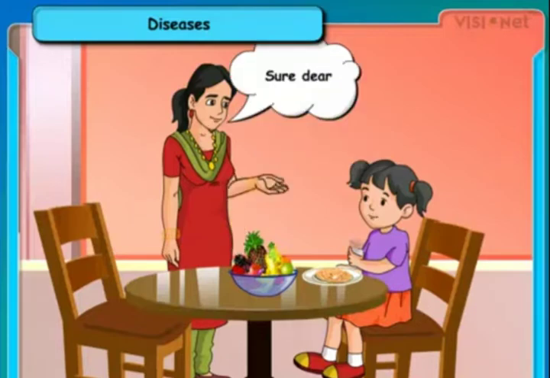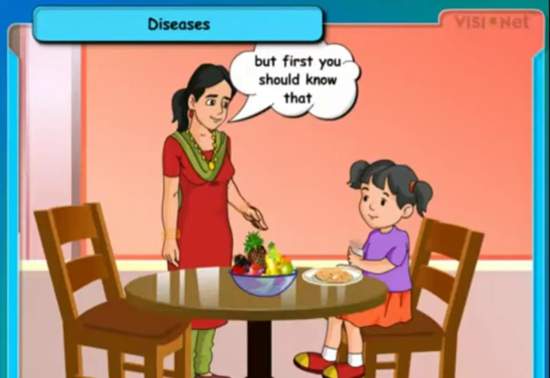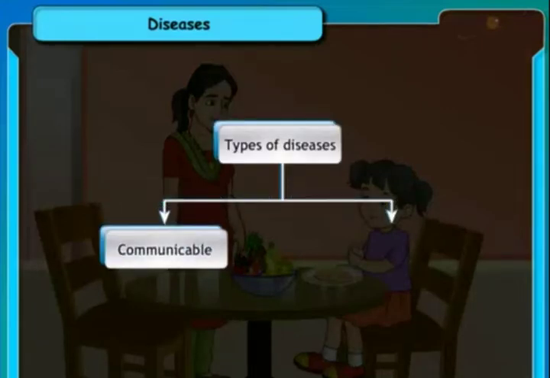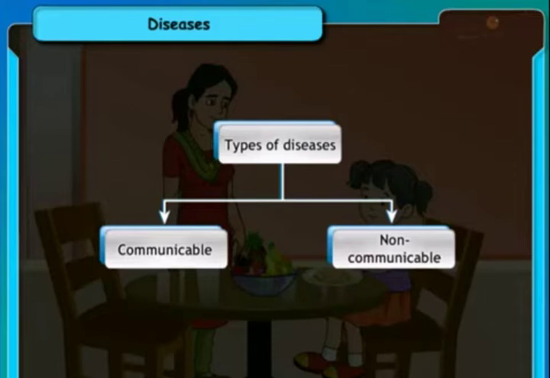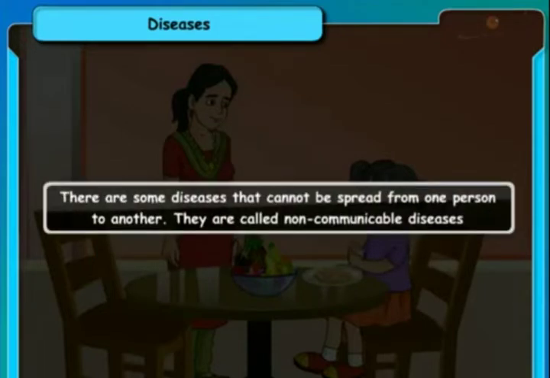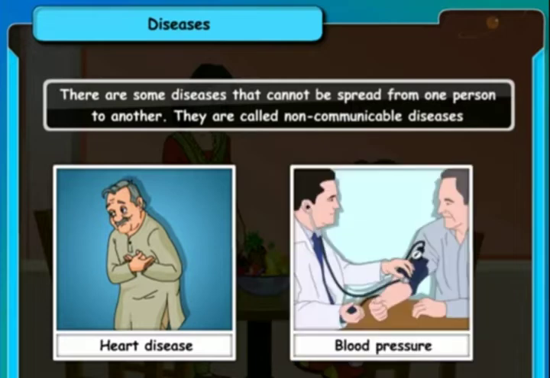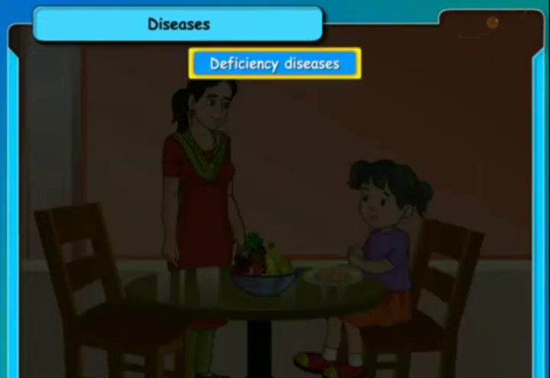Sure, dear. But first, you should know that diseases can be of two types: communicable and non-communicable. There are some diseases that cannot be spread from one person to another. They are called non-communicable diseases, like heart diseases and blood pressure. Deficiency diseases.